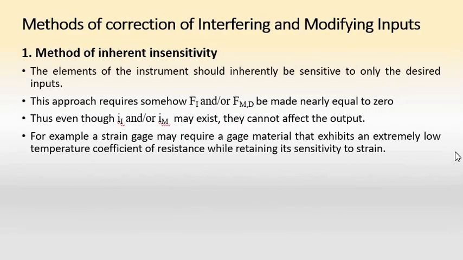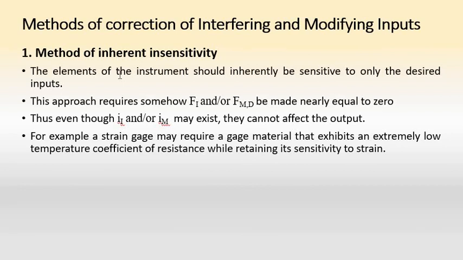So in that, the first method is the method of inherent insensitivity. By this method, while we are designing a measuring instrument, the various elements of that measuring instrument should be constructed or designed in such a way that the instrument in total is only sensitive to the desired input, whereas it is insensitive to unwanted or spurious inputs such as interfering input as well as modifying input.